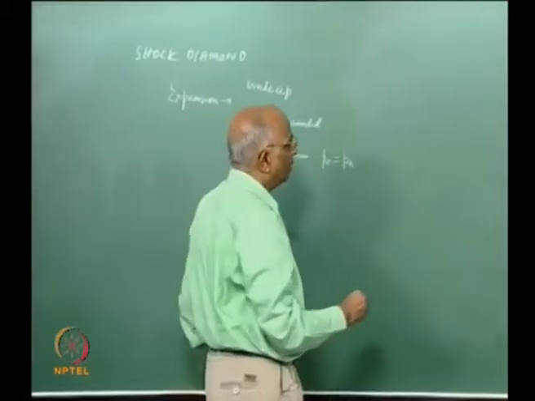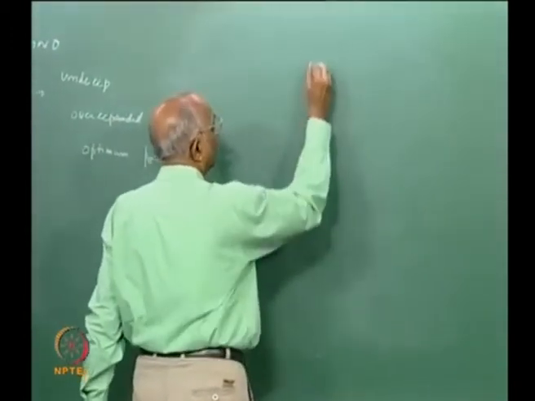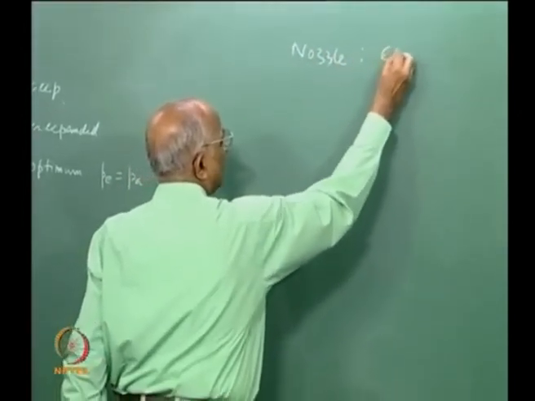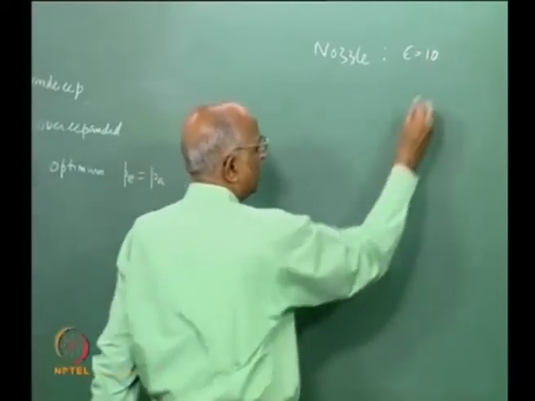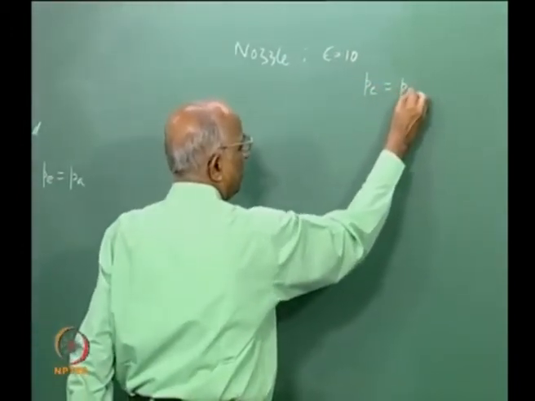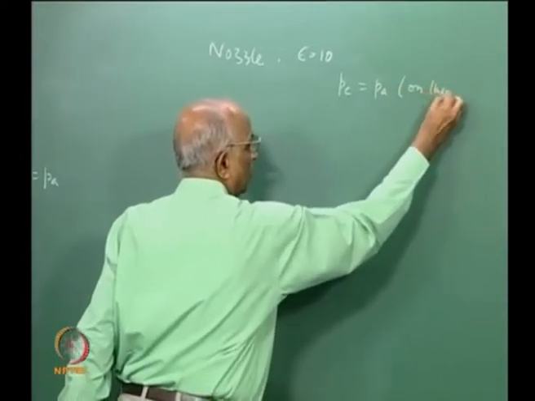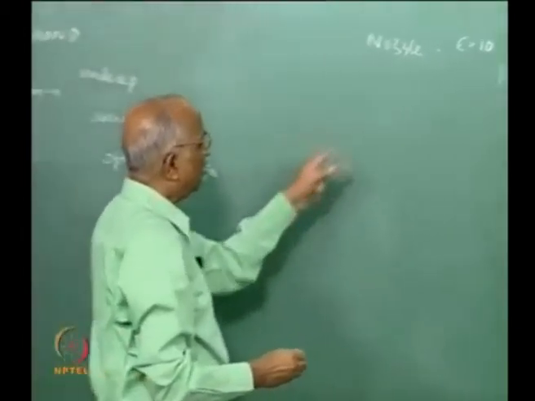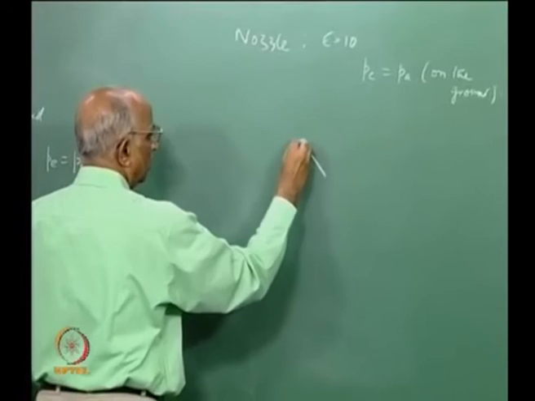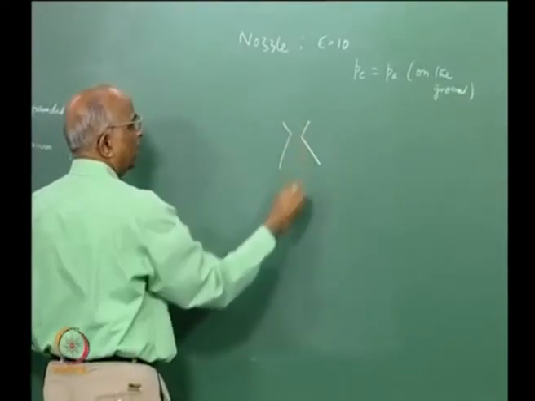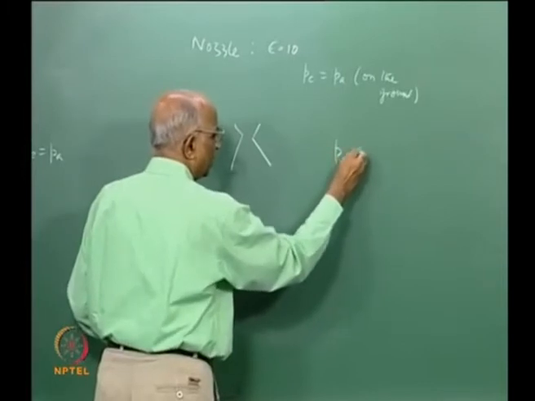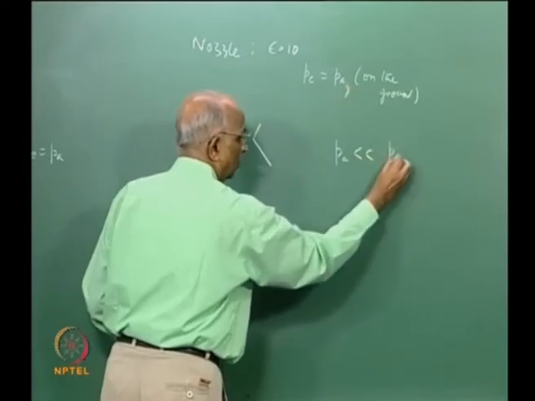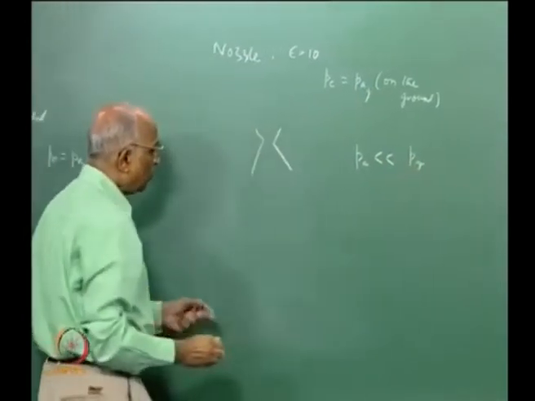We told ourselves, supposing I were to have a rocket nozzle with, let us say, an area ratio of around 10 or so, which gives an exit pressure equal to the ambient pressure on the ground, and if this particular nozzle were to fly at a high altitude wherein PA is less than the value on the ground, then what is going to happen?